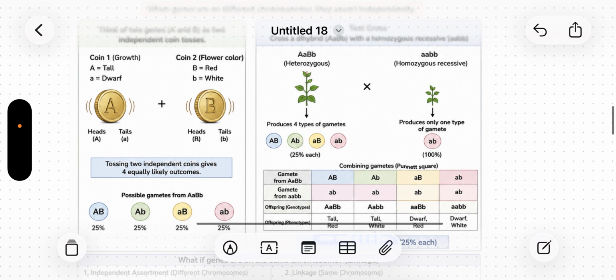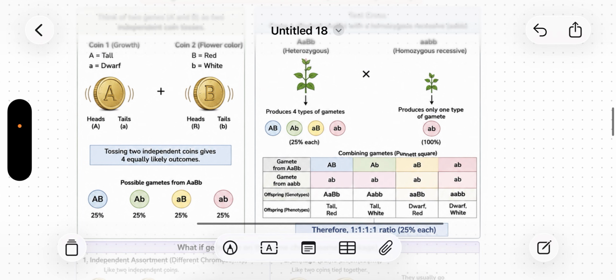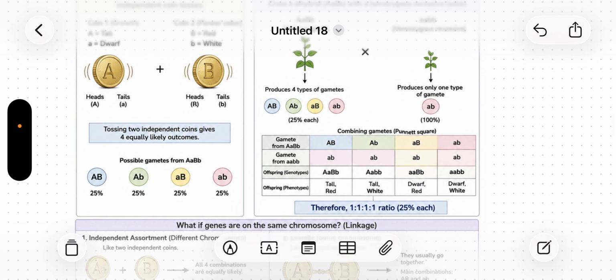The recessive plant gives only one type of gamete. When we perform a cross between these two, we get offspring. When we observe their phenotypes, we get all the progeny in a 1:1:1:1 ratio. That means all the phenotypes have equal representation in the offspring.